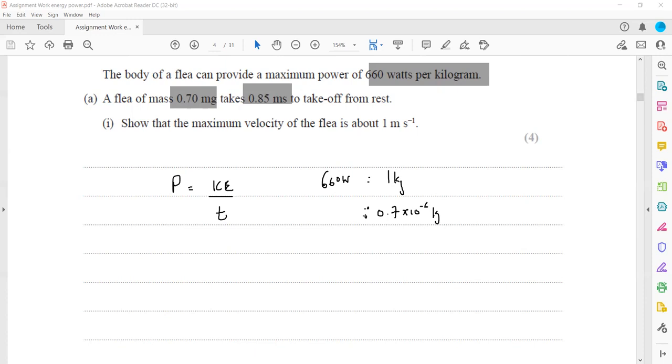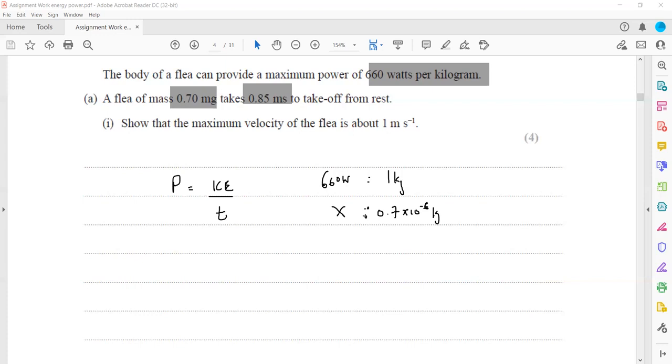Milli means 10 power minus 3. But because the SI unit of mass is kilogram, first we divide by 1000 to convert into gram, and then further divide by 1000 to convert into kilogram. That's why I write 10 power minus 6. So this will be multiplied.